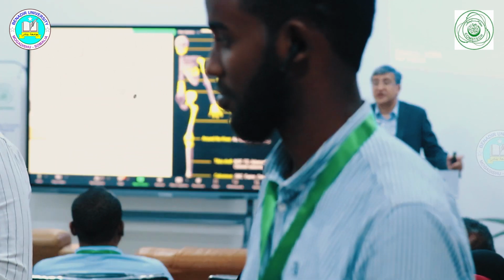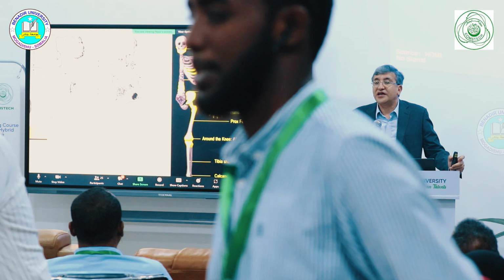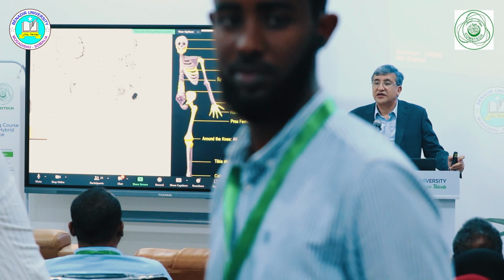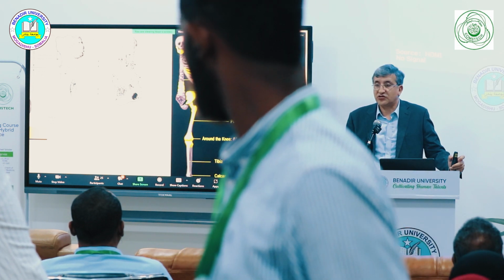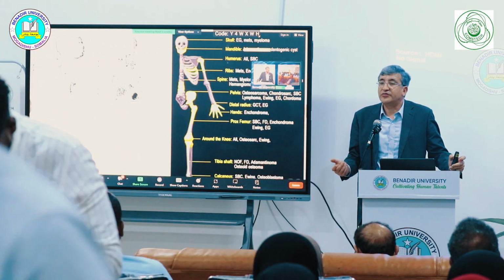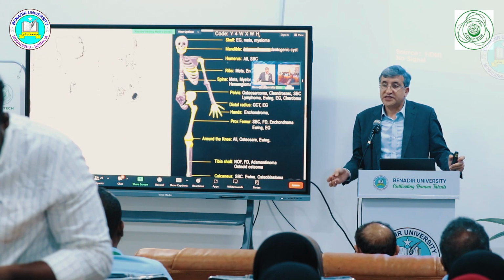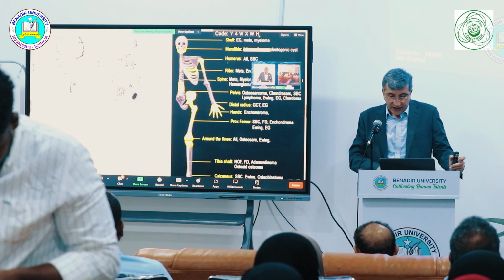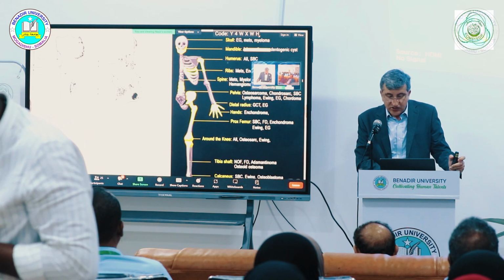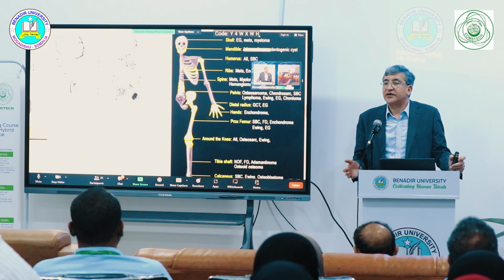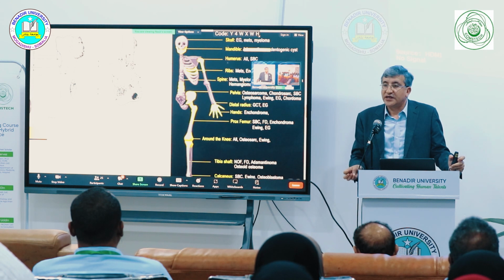If you see a tumor in the skull in a child, it would be Langerhans cell histiocytosis, the common one. But the skull is also a common site for metastasis and myeloma. Spine is a common site for multiple myeloma.